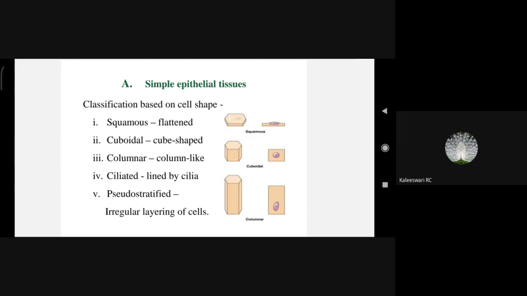Now, second is cuboidal, or cube shaped. You can see the cuboidal here. Third one is columnar. You can also see the columnar epithelium here. And next is ciliated, lined by cilia. Does everybody know about cilia? What are cilia?